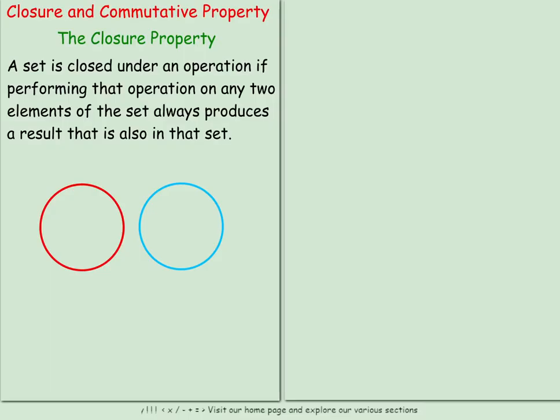I'm going to write even numbers in my first circle, and then odd over here, right? So this is a room that contains even numbers, and this is also a room that contains what? Odd numbers. Now, if I take two even numbers, let's say 2 plus 2, if I add it, do I get an even number?